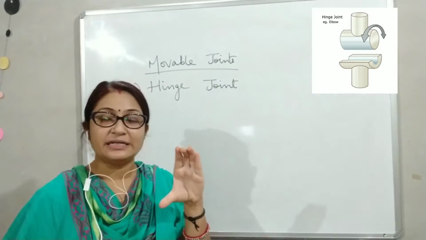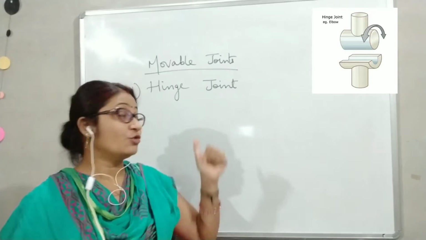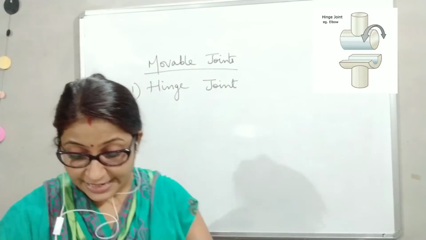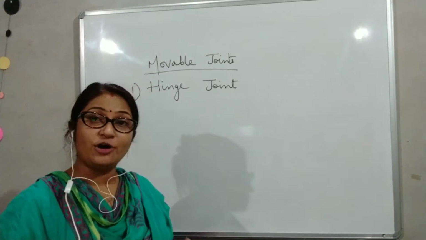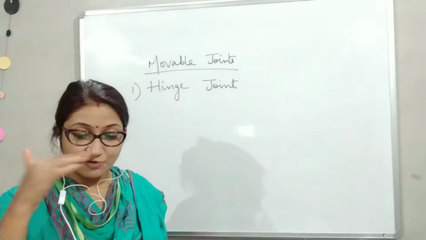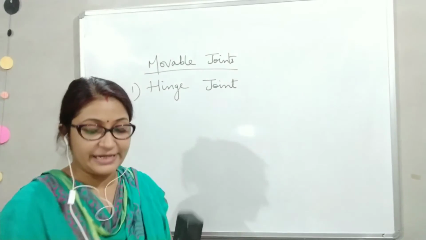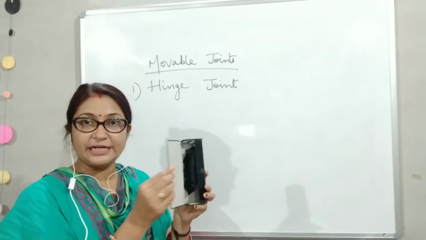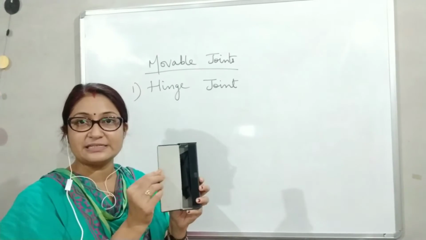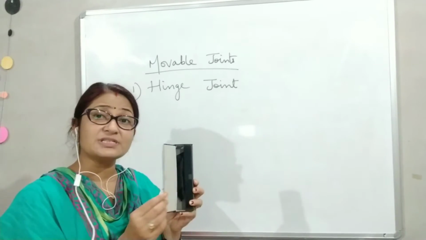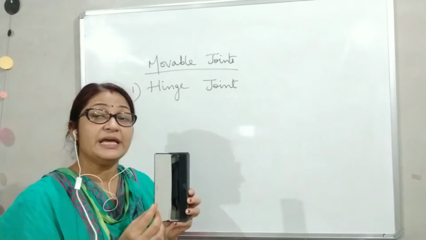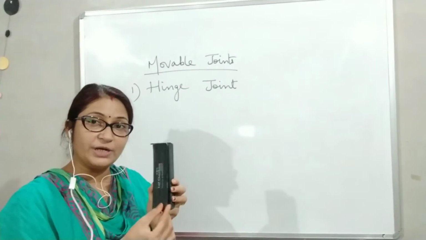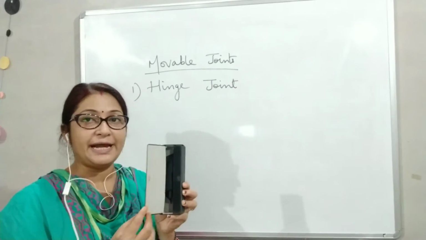That iron part is called the hinge. Suppose this is a door connected to the wall, then it moves like this. These joints let a body part move forward and backward.